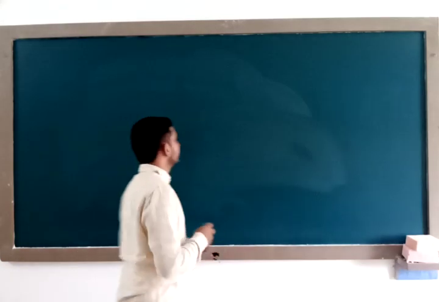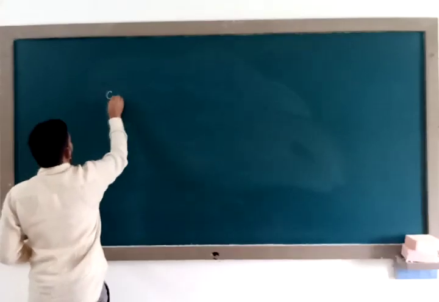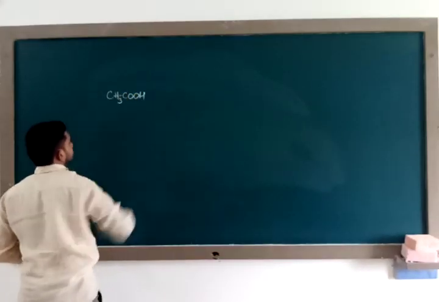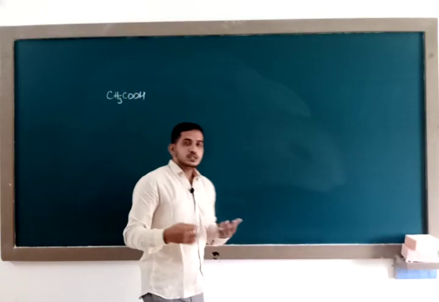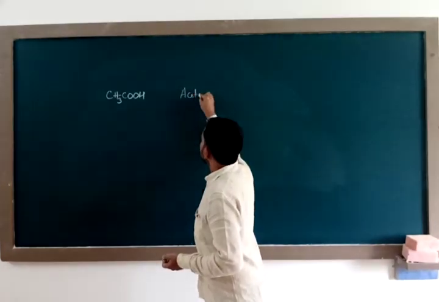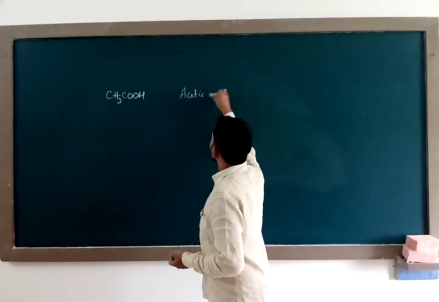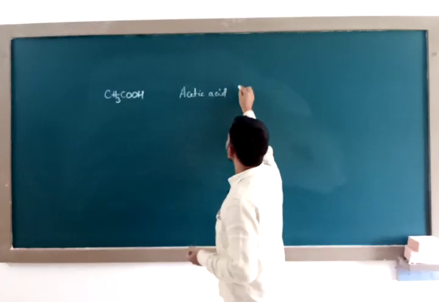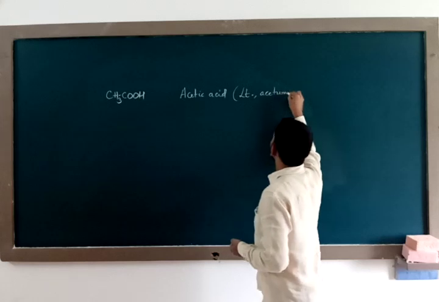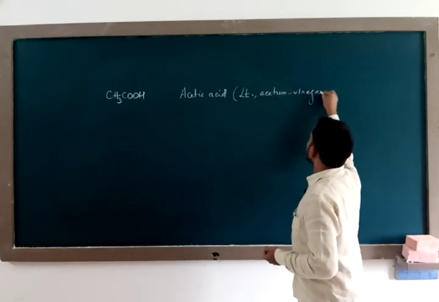For example, CH3COOH is commonly known as acetic acid. Why is it called acetic acid? It is called acetic acid because in Latin acetum means vinegar.